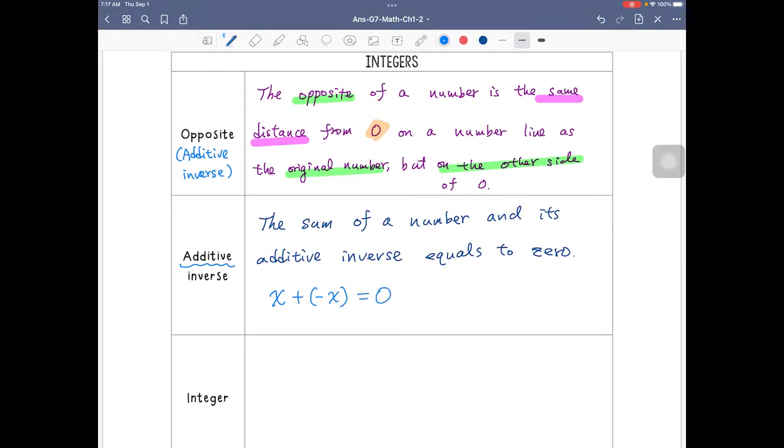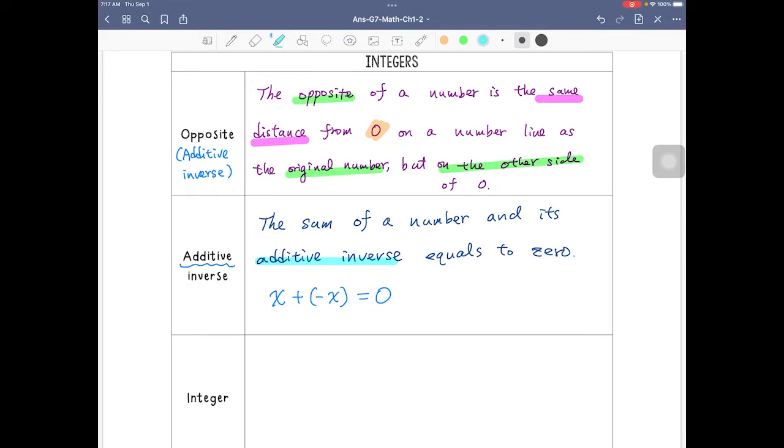So two things added up equal 0. One is positive 8, the other will be negative 8. Basically, they are the same distance from 0, so they cancel out. This is the meaning of the additive inverse: it's the number that will make the sum 0.